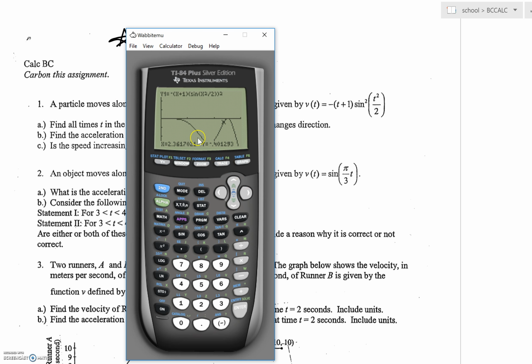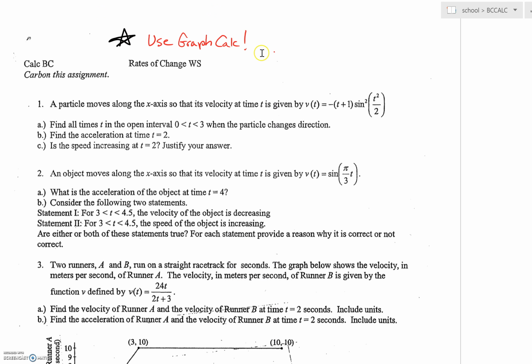You can see our y value, our velocity, is still negative, negative 0.004. As you look at this, you can see it never changed. So when does velocity change from negative to positive or positive to negative? It never changes direction.